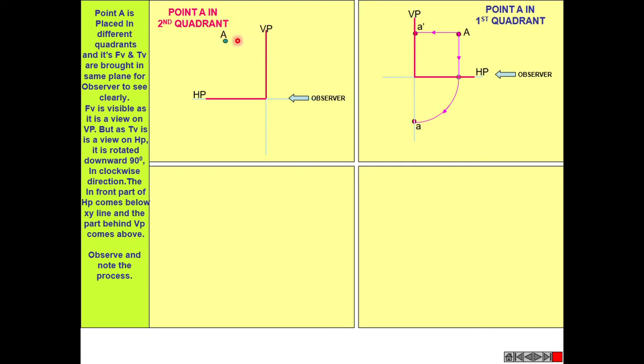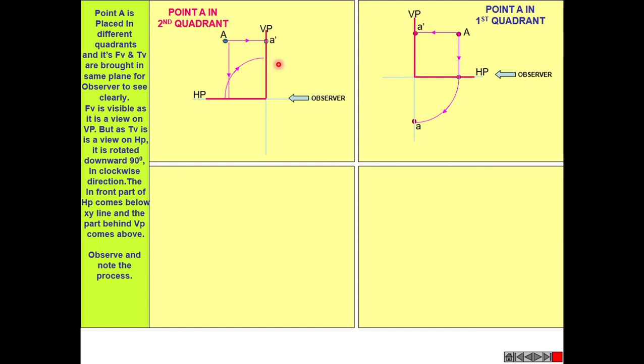So the projection of A will come on this vertical plane as A dash. And while looking from the top at this point, its top view will come on HP here, and in order to convert this 3D into 2D, we are rotating this horizontal plane by 90 degrees. So the front view and top view, both the images, are coming on one single plane.